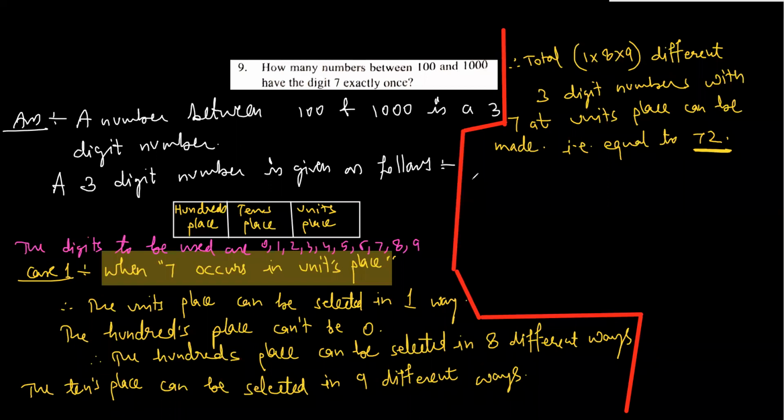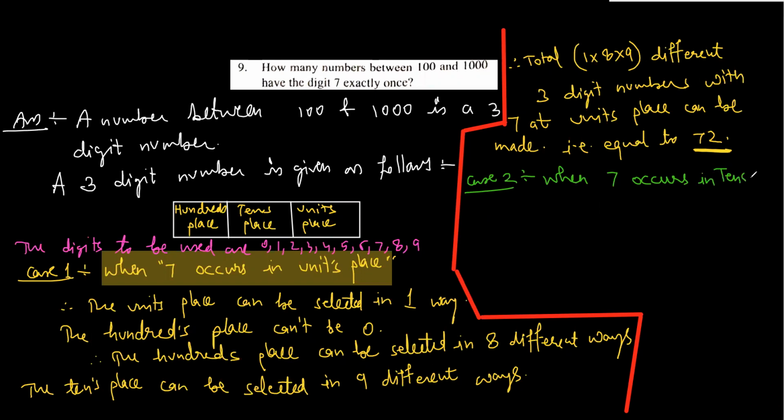So the second case will be, see students, now I write case 2. Case 2 is when 7 occurs in tens place.